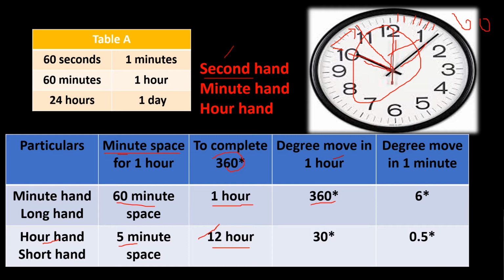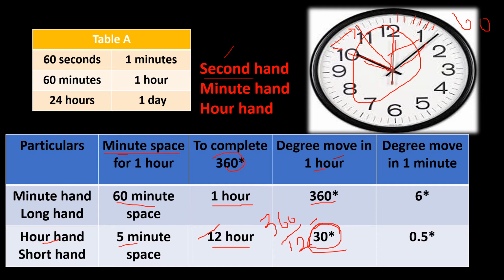Next, in the case of the short hand, that is the hour hand, the full clock is 360 degrees, and to complete 360 degrees the short hand takes 12 hours. So for 1 hour, it moves 30 degrees. The short hand will move 30 degrees in 1 hour.